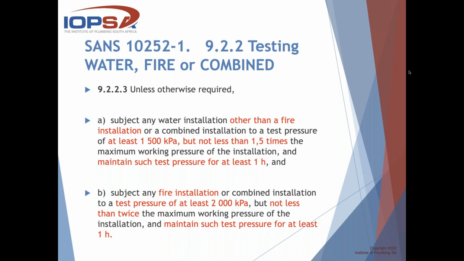But if you now have a combined system or just a pure fire installation, a test pressure of at least 2000 kPa, but not less than twice the maximum working pressure of the installation, and once again, at least for 1 hour, and there must be no drop in pressure. So make sure if you've got a combined installation that you use the one in subparagraph B.